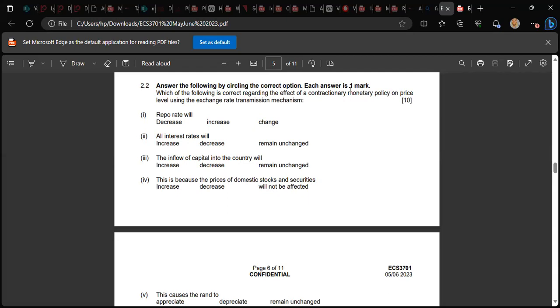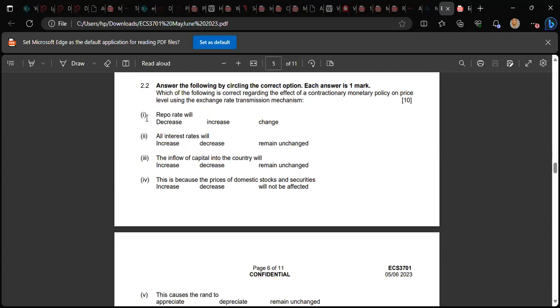There are different transmission mechanisms that can be used, but we will get through those in time. All right, so what do we expect to happen?